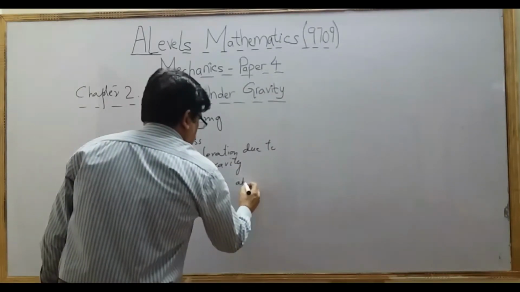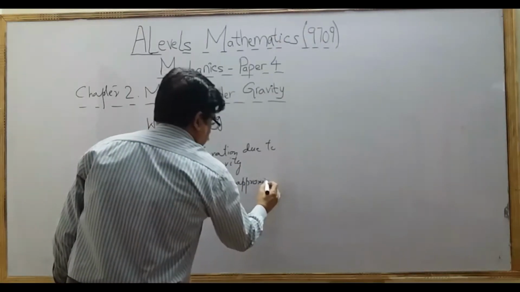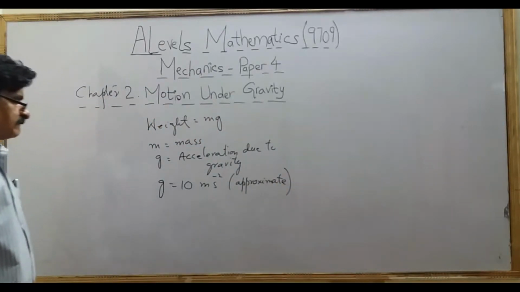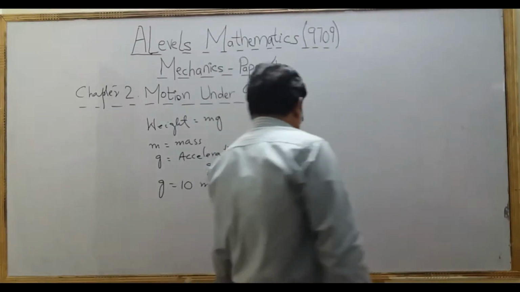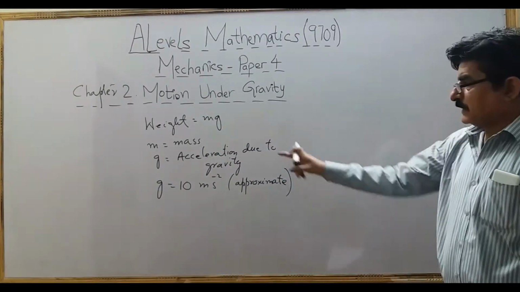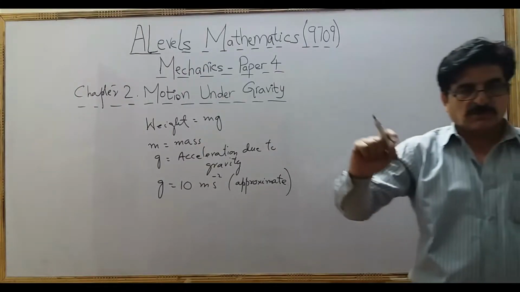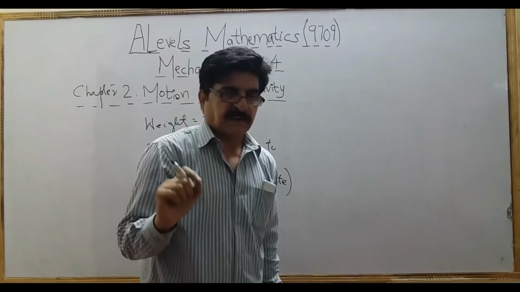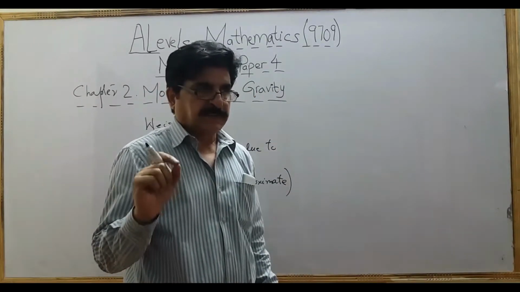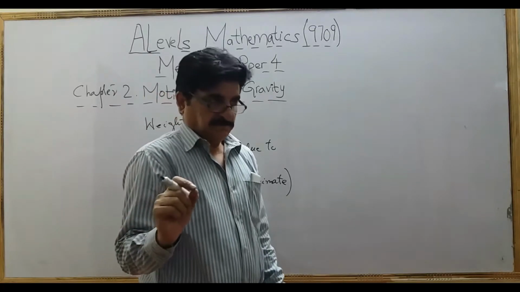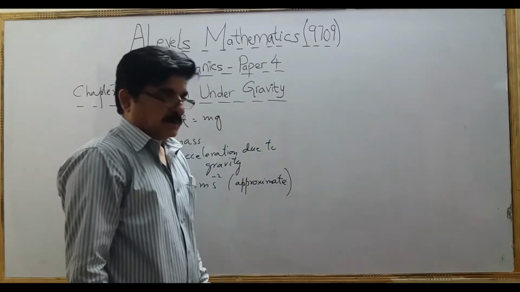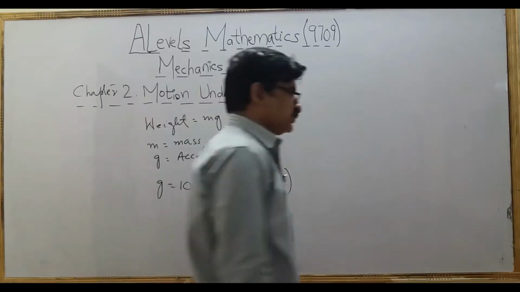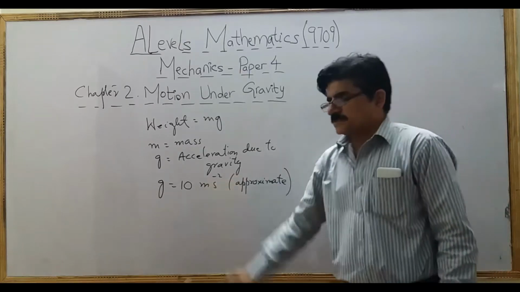This is approximate value. So it's also mentioned in the instructions of past papers that the value of g is to be taken 10 if otherwise stated or mentioned. So in maximum cases we will use the value of g to be 10, and this value is experimentally found.